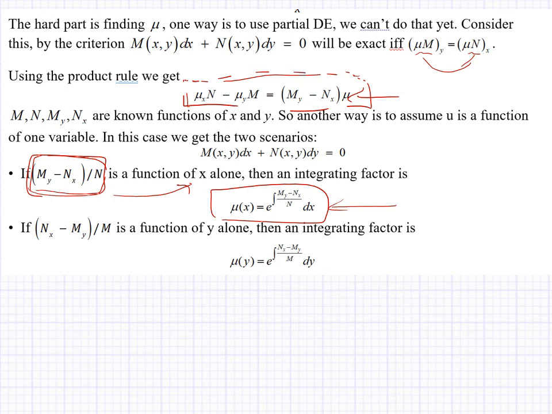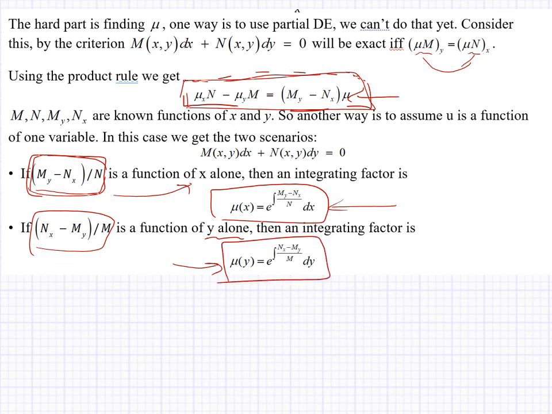The other option is that this (Nx minus My) over M, so we're basically just solving this in reverse order, ends up being a function of y alone. Well, if that's a function of y alone, then mu should be a function of y. Again, simplifying this a little bit and solving for mu, we would get this formula here.